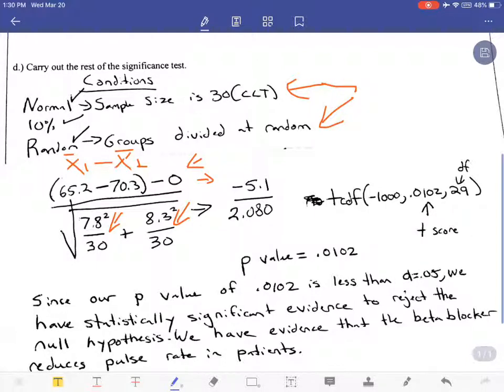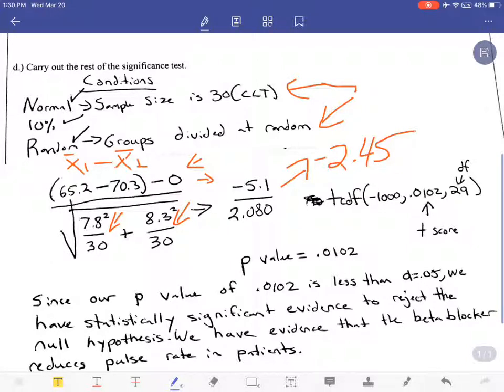I forgot to write this down, so let me write down what that t-score came out to. Negative 5.1 divided by 2.080 comes out to negative 2.45. So that's going to be your t-score.